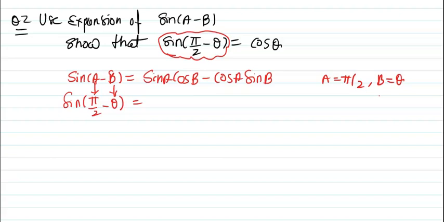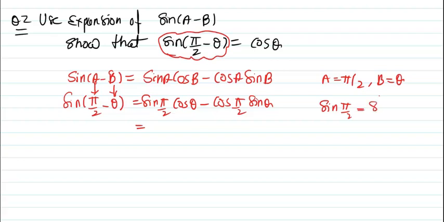So let's put it in: sine A is pi by 2 and B is theta, cos A is pi by 2 and B is theta. Right? Now, sine pi by 2 means what? Sine 90, and sine 90 value is 1. So this will be 1 times cos theta. What is the value of cos pi by 2?